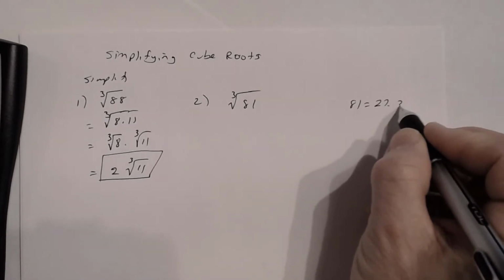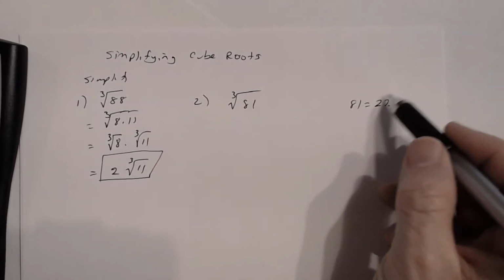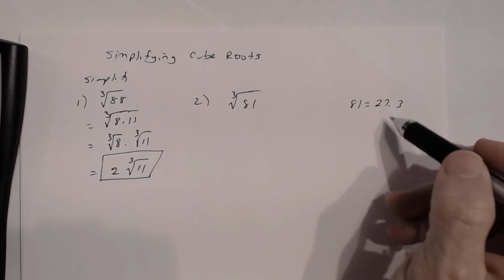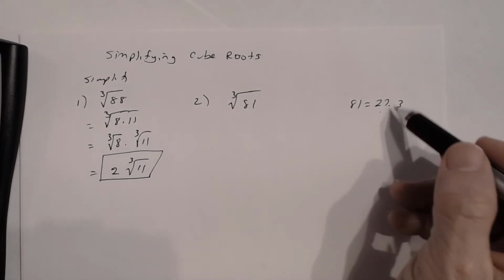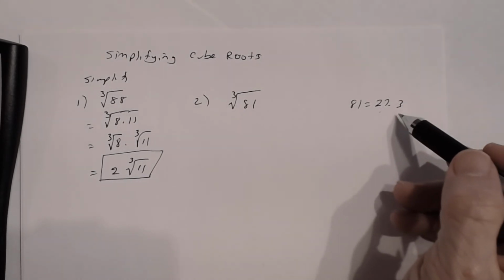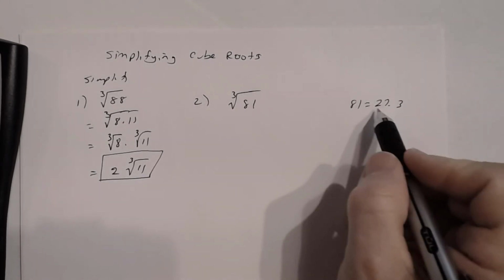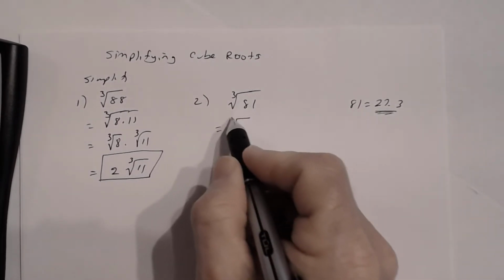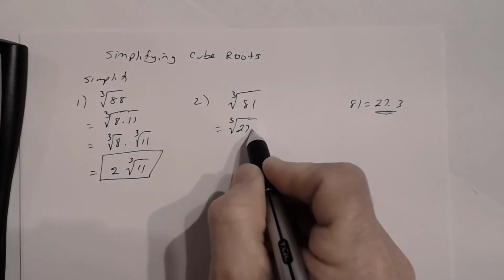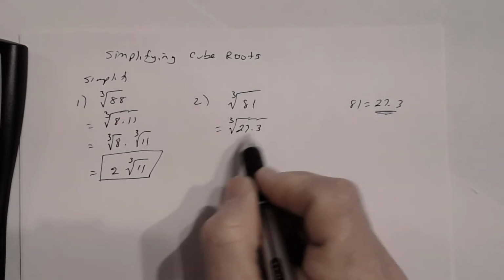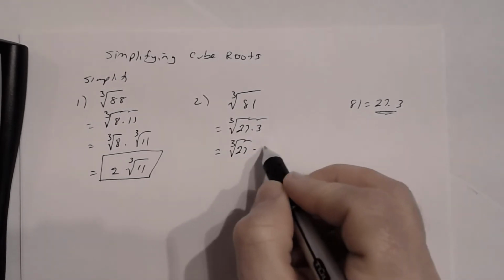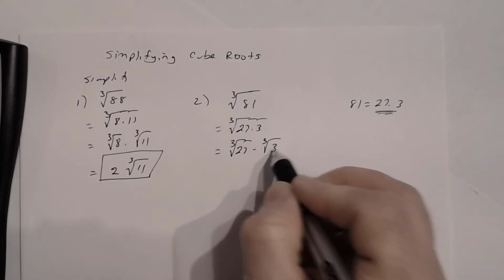So notice that 81 is 27 times 3. And then just like we did with the square roots, you need to ask yourself, is 27 the largest perfect cube? And it is, because if you look at 3, the only perfect cube that goes into 3 is 1. So therefore, I'm going to put this in place of 81. So I get the cube root of 27 times 3. And then using the product rule, I can write this as the cube root of 27 times the cube root of 3.